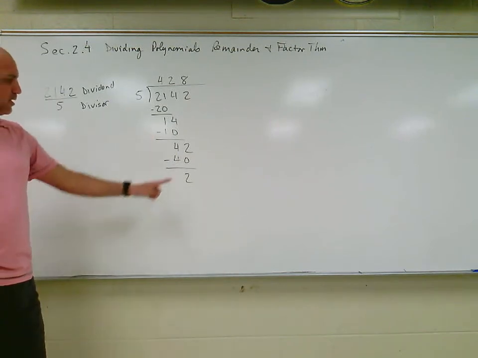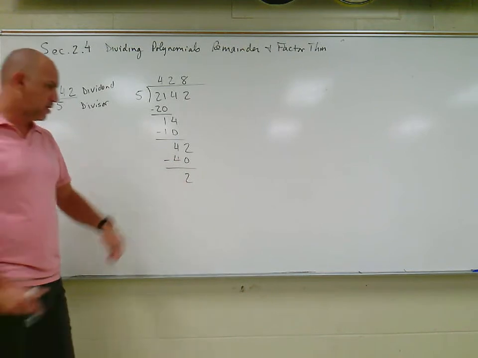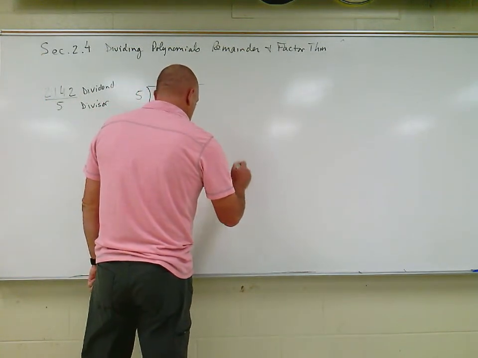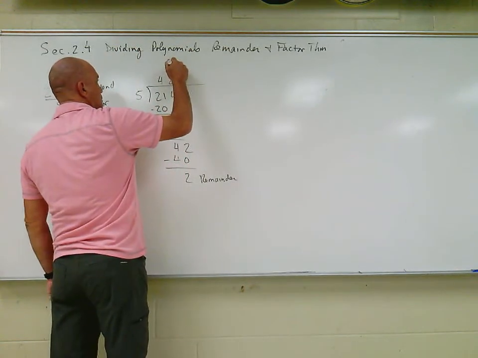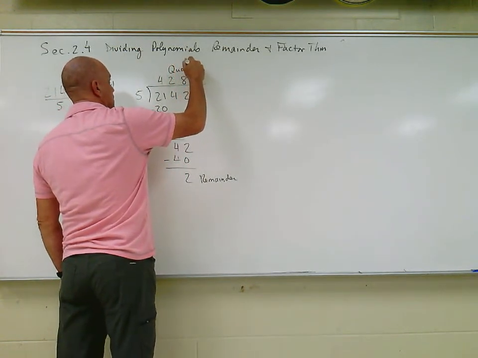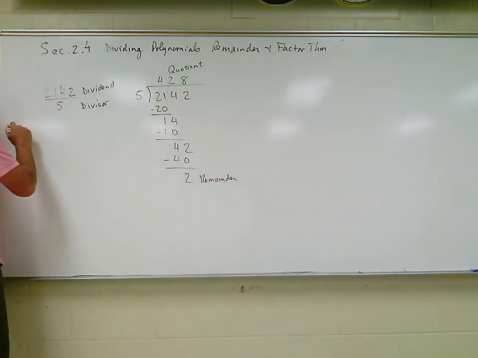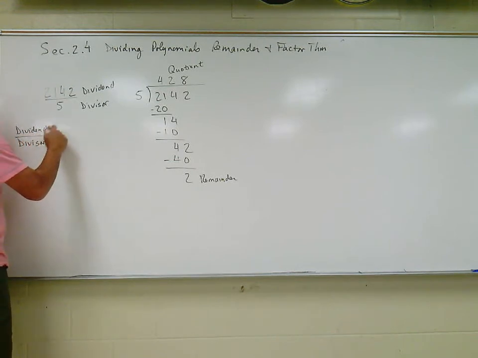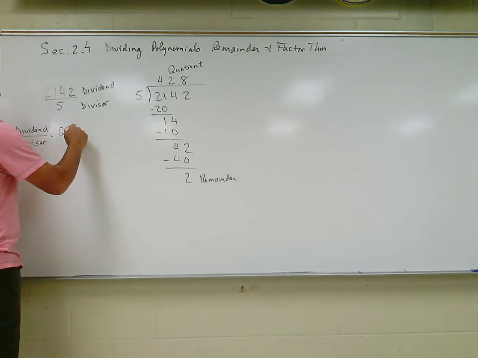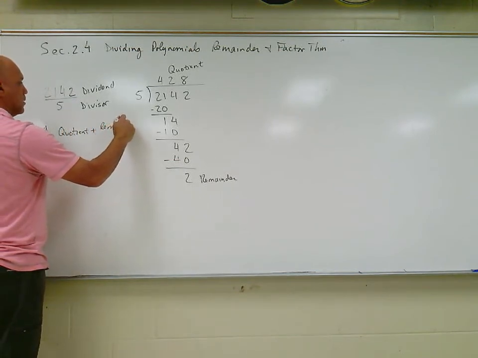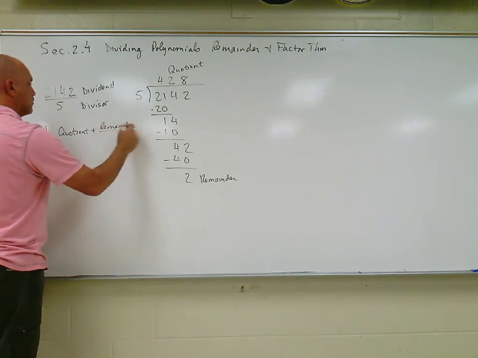Okay, what is this called? Remainder. What is this called? Quotient. All right. So when you do a division, dividend divided by divisor, you always write your answer like this: quotient plus remainder over divisor.